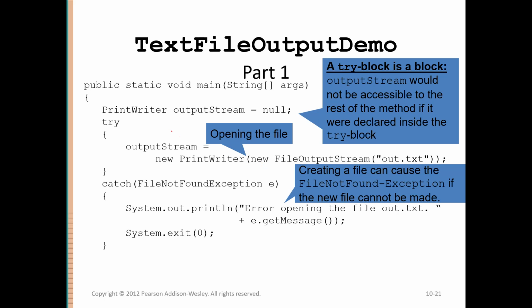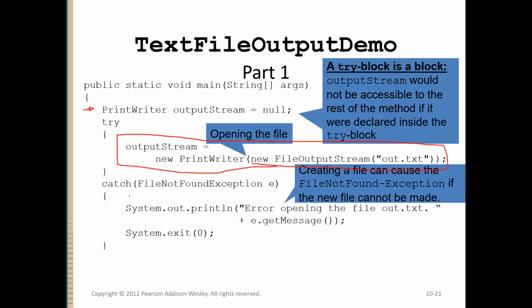This is an example. We have just a PrintWriter. Notice that the declaration is kept outside because we put the try-catch here. We try to open the file by doing this. The declaration is outside because if I catch or would like to close, I can do something outside.